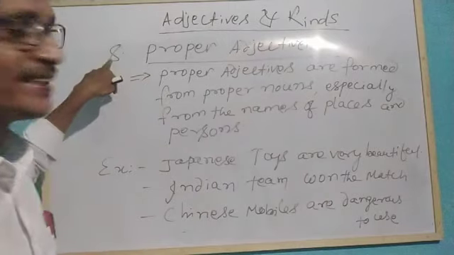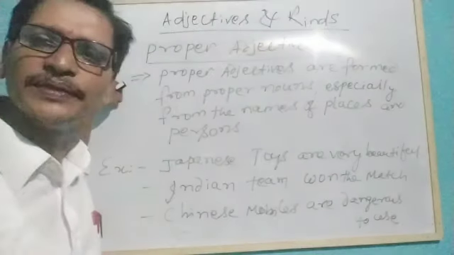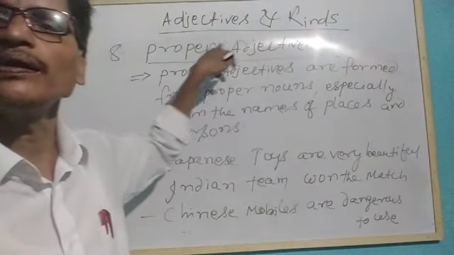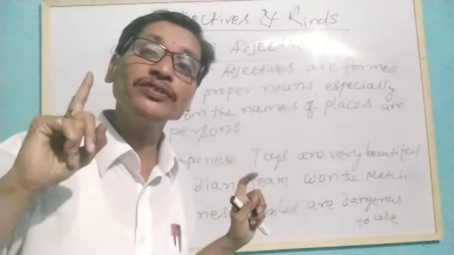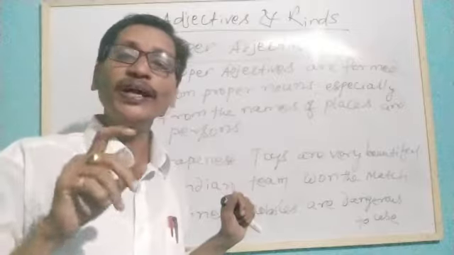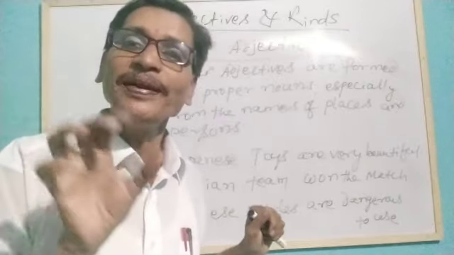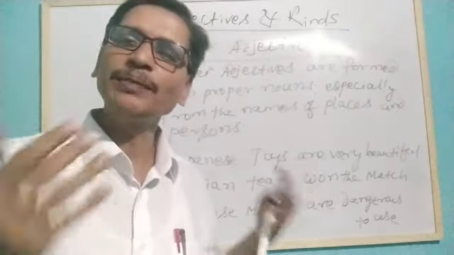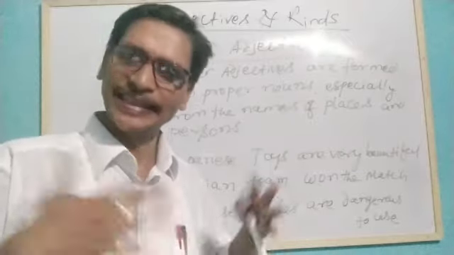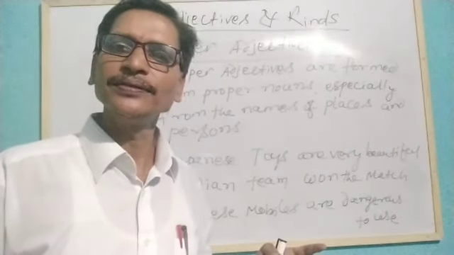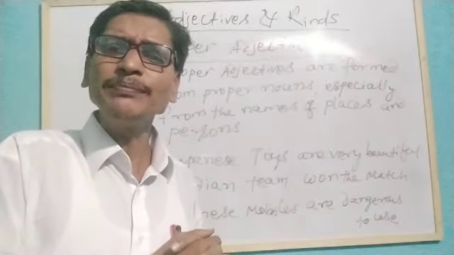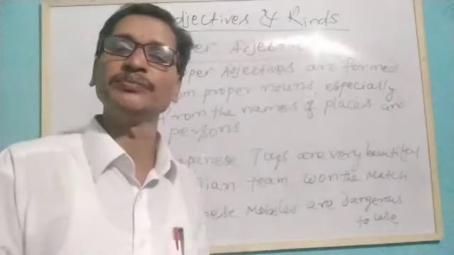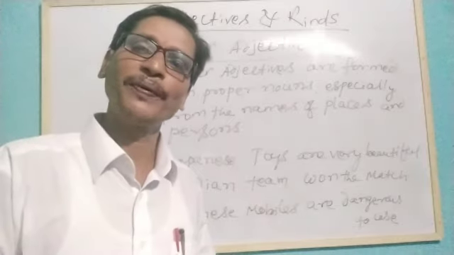See, the next type of adjectives are proper adjectives. We know the proper nouns. India is a proper noun. America is a proper noun. Such proper nouns are sometimes used as adjectives. They are called proper adjectives.